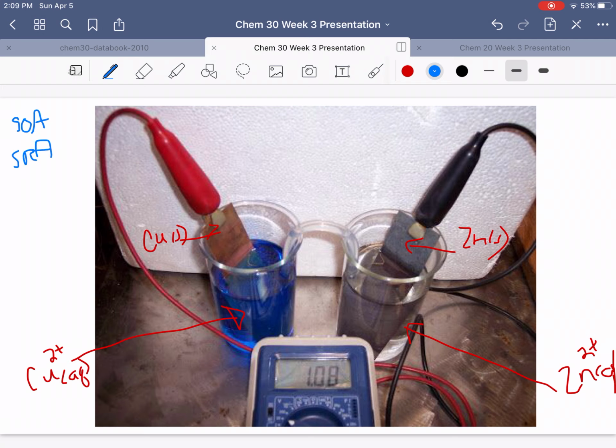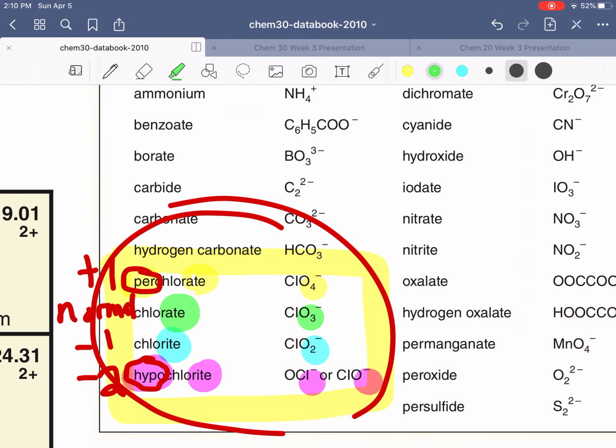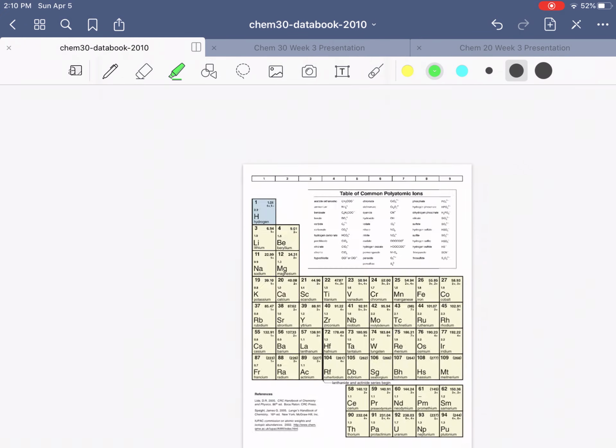Well, you've got to decide. Now, this goes back to what we were doing last week and the week before. Ultimately, all 4 of these things are guaranteed to be present. You have copper solid for sure, you have copper 2+, you have zinc solid for sure, and you have zinc 2+.